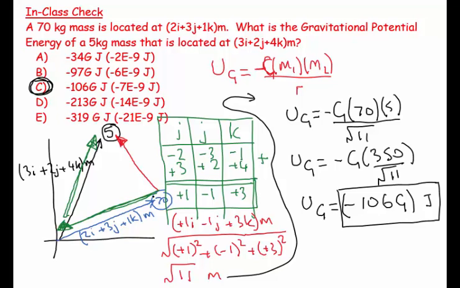And then you had to basically use ijk vector manipulation to work out the vector that you wanted, so that you could then find the magnitude of that vector, which is the separation. So the complexity here is really as far as the visualization and the vector manipulation is concerned, laid on top of just knowing your basic equations for the gravitational potential energy of a mass at a given point. So there we have it.